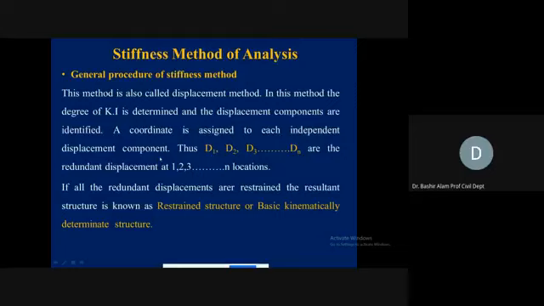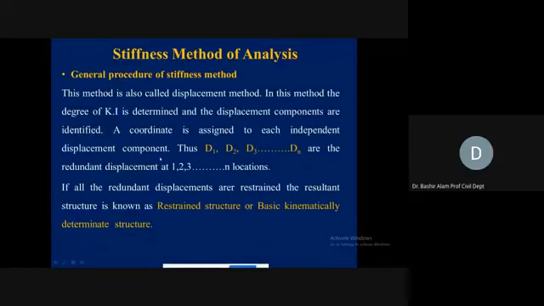But here now, the structure is kinematically indeterminate. So how can we make it determinate? If we stop these unknown displacements. And how can we stop them? If we restrain those locations, those displacements. And the resultant structure now will be known as the restrained structure.